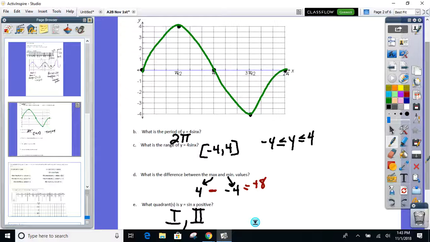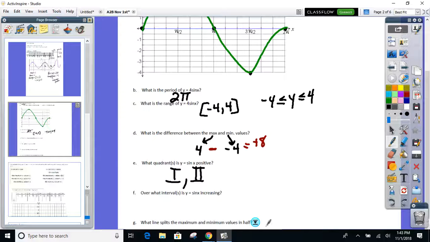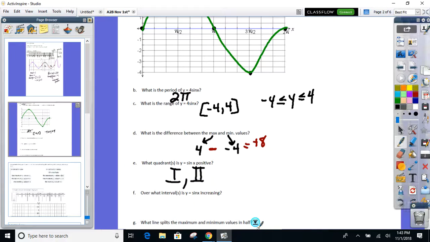It's above, it's in the positive y direction, right? Here's quadrant 1, everybody. Here's quadrant 2, 3, 4. What do you notice about sine in quadrants 3 and 4? That's what the graph says. It's starting to match up a little bit.